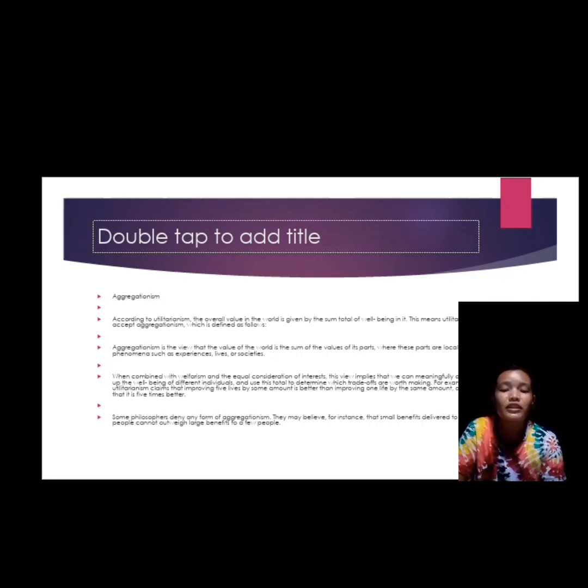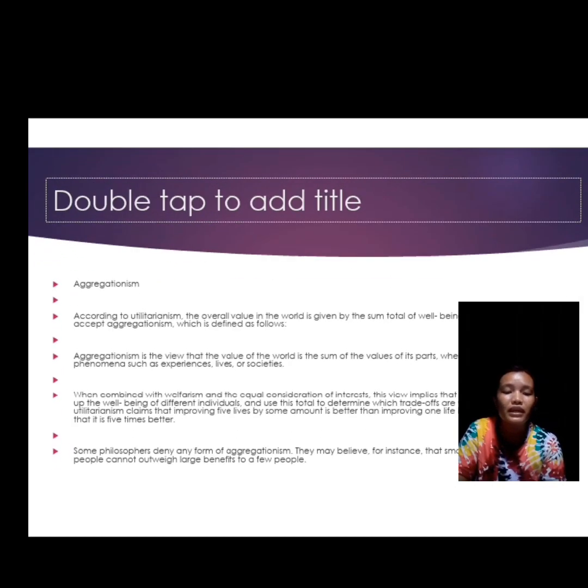According to utilitarianism, the overall value of the world is given by the sum total of well-being in it. This means utilitarians accept aggregationism, which is defined as follows. Aggregationism is the view that the value of the world is the sum of the values of its parts, where these parts are local phenomena such as experiences, lives, or societies.